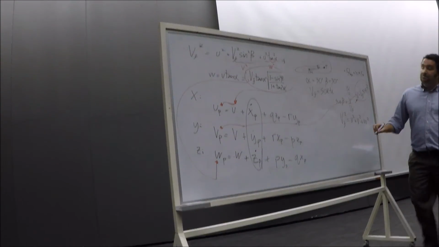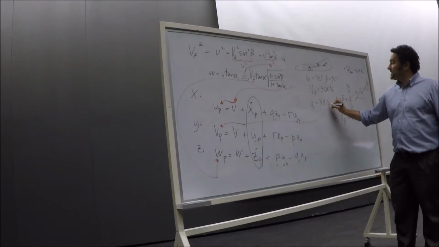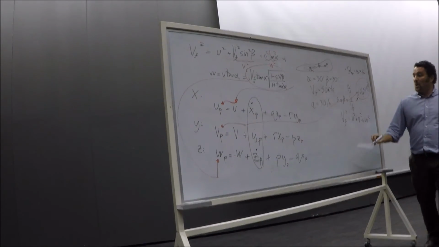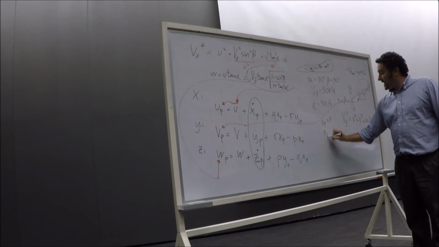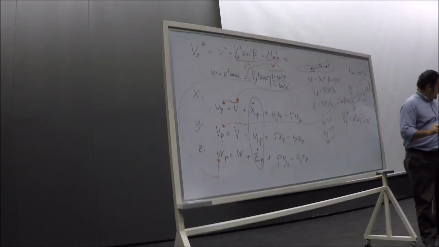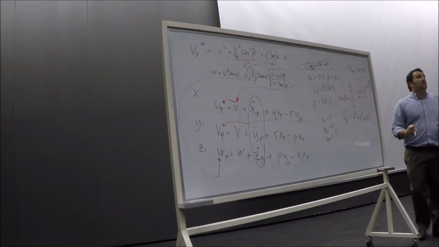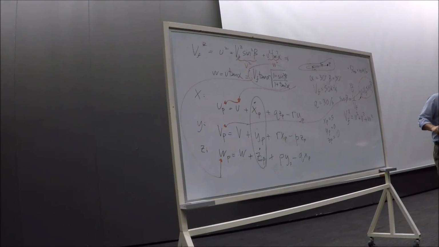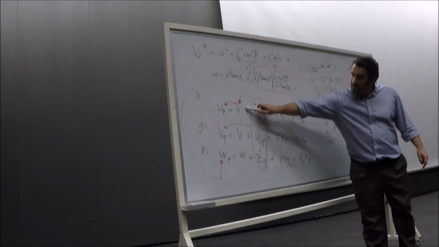And then we have a pitch rate of 30 degrees per second, and the position of the probe. So x_p is equal to 5, y_p is equal to 0, z_p is equal to 0. And you need to find, what do you need to find? You need to find U, V, and W.